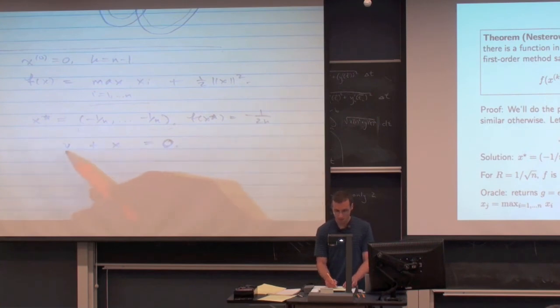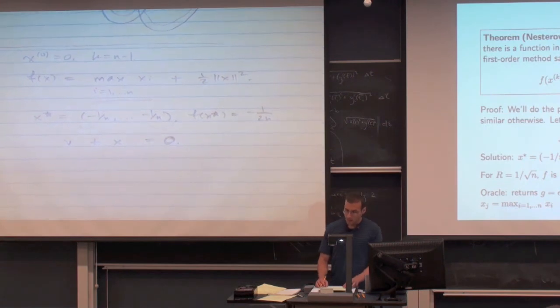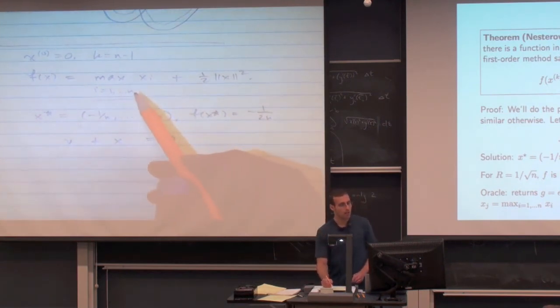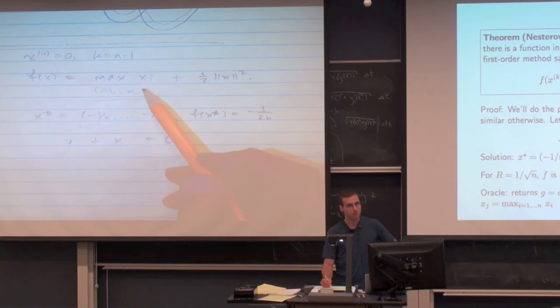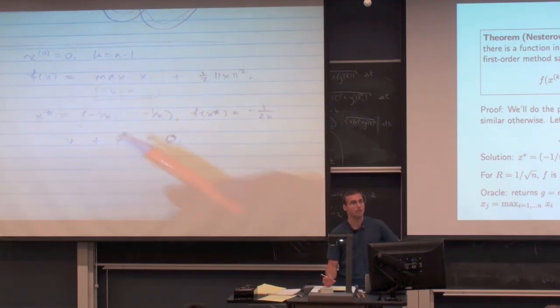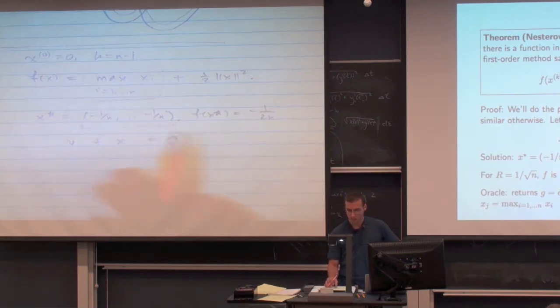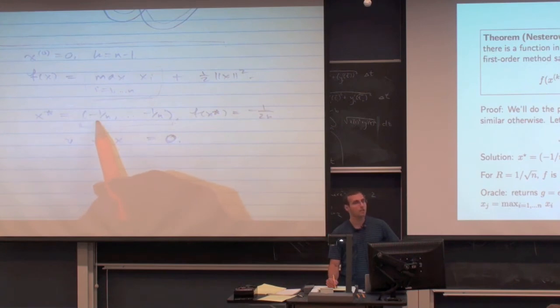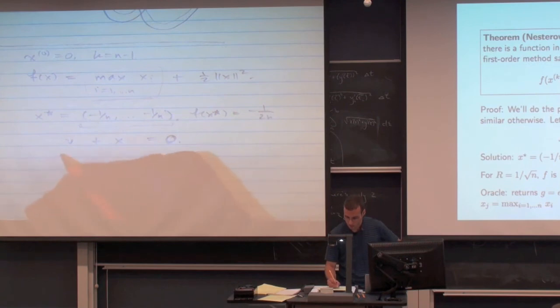Again, we have a rule for what subgradients of this maximum function look like: I look at all the components that achieve the maximum, take a subgradient of each of those components, and take their convex hull, and that gives me any valid subgradient of this function. Okay, so if I look at x star, every component of x star achieves the maximum.